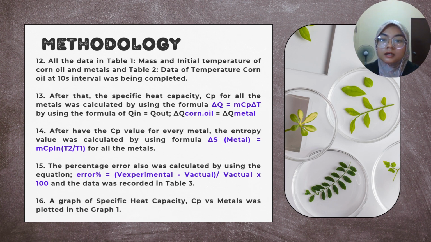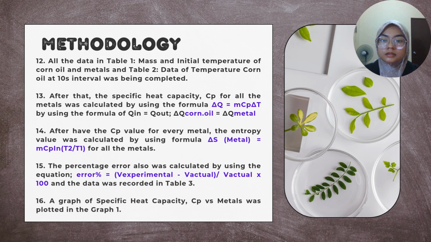And then after we have the Cp value of every metal, the entropy value was calculated by using the formula ΔS of the metal equals mCp ln(T2 over T1).